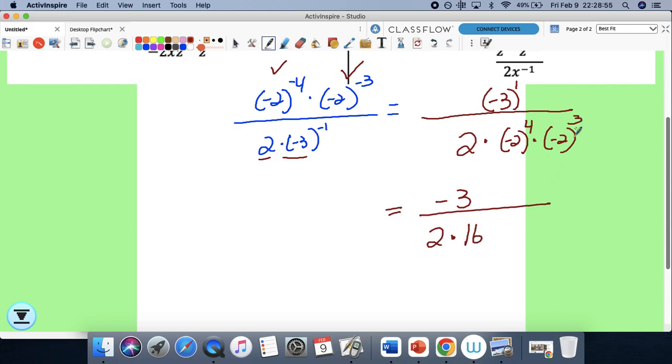And negative 2 to the third power is 2 times 2 times 2, which is negative 8. So our final answer is going to be positive because the numerator is negative and the denominator is negative, so negative divided by negative is positive. There's nothing to simplify, so the numerator is just 3, and at the bottom it's 2 times 16 times 8, or 16 times 16, which we found out earlier is 256.